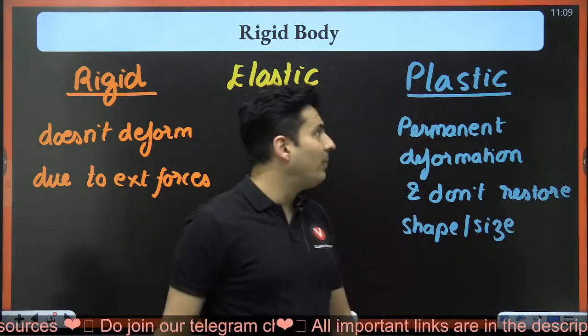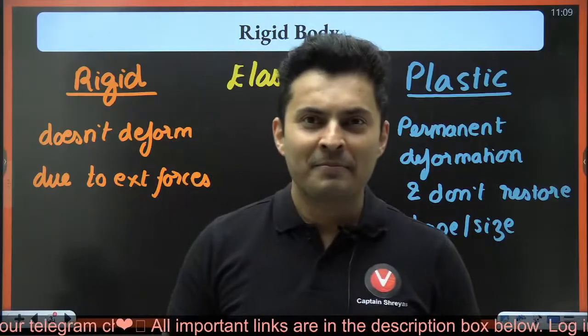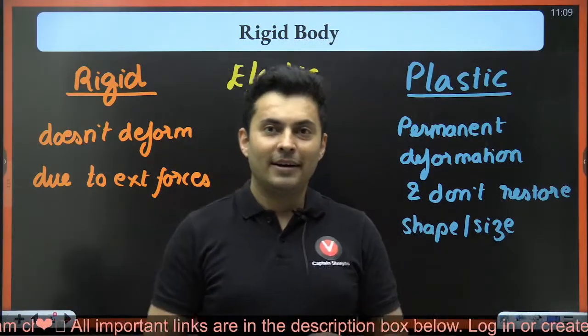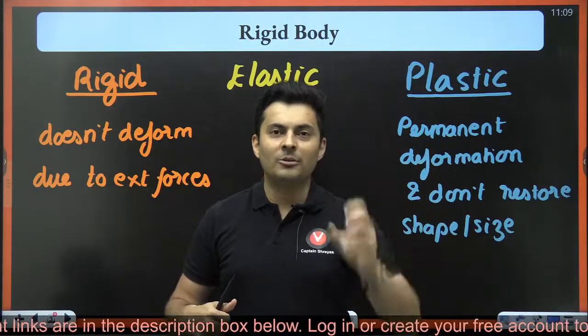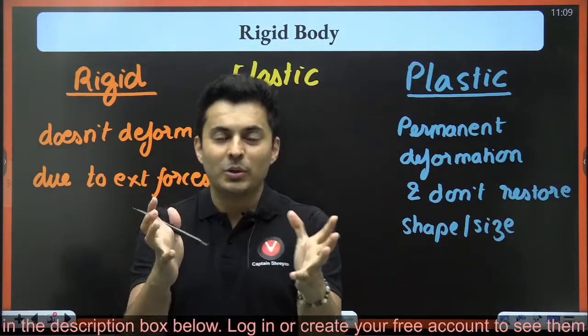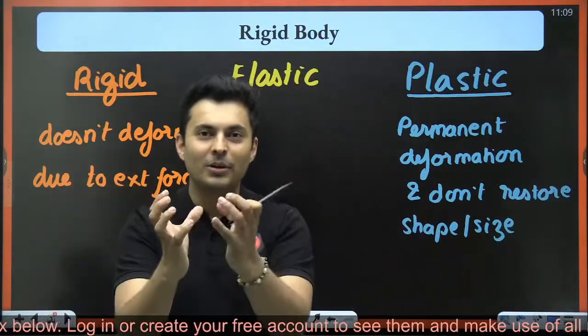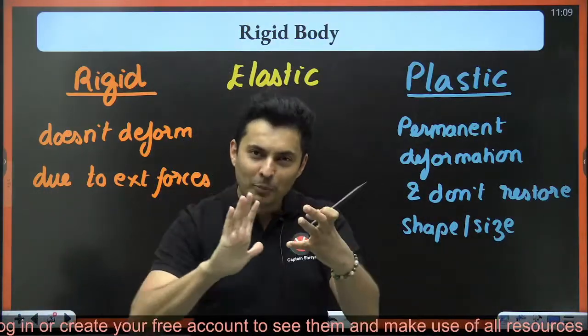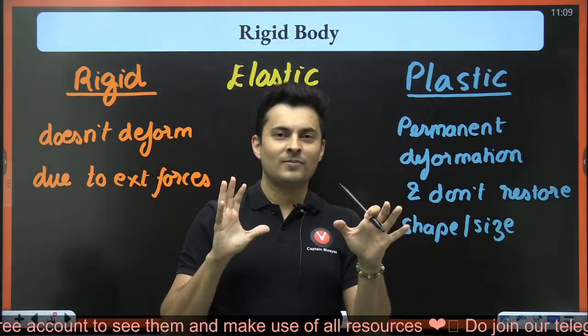What is a good example of a plastic body? Have you seen how chapati is made? Have you seen how pots are made with clay? The chapati is made with dough, right? You mix the wheat and the water and all those things, and then you get the dough. It's plastic. You push it, it bends, it gets a nice shape and it stays there.